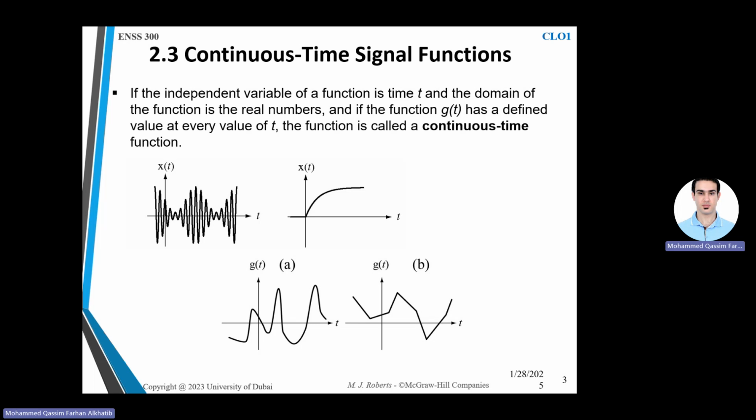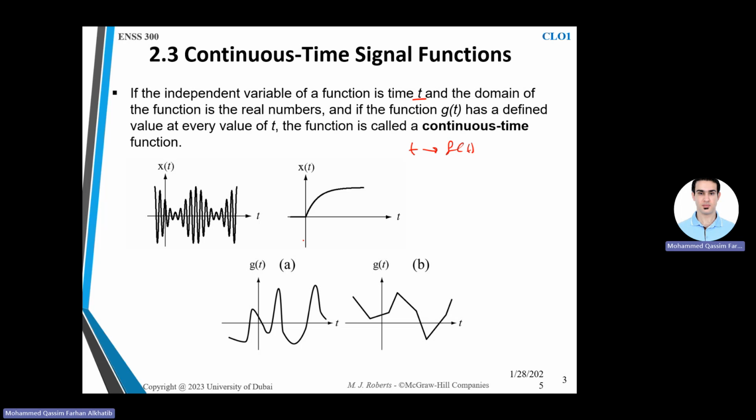So in this one, if the independent variable is time, t, and that's going to be the focus of this lecture, and the domain of the function is the real numbers, and the function g of t has a defined value at every value of t, then the function is a continuous time signal. It says that for every value of t, I will have f of t. Now, whether you have discontinuities is not an issue, but you always have values of the function at any time.